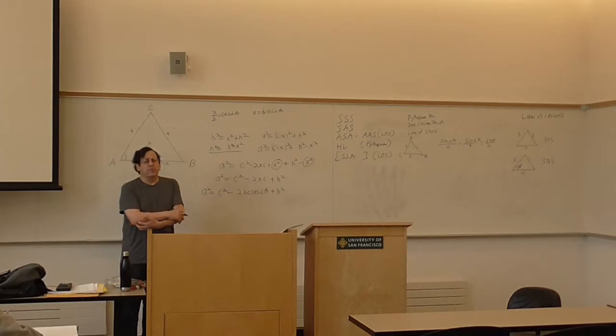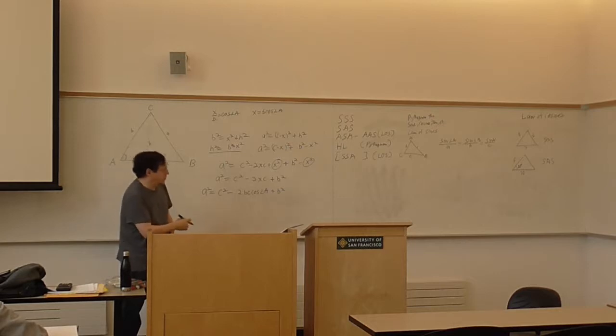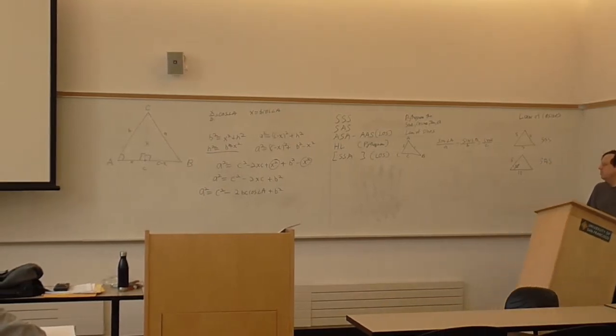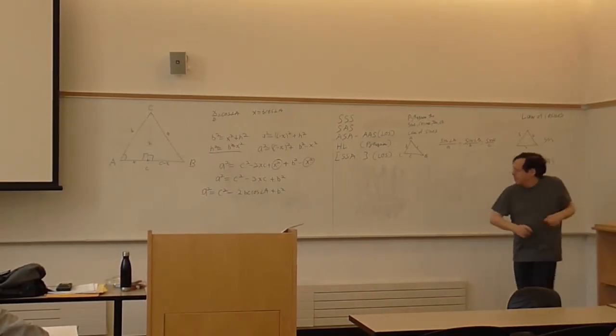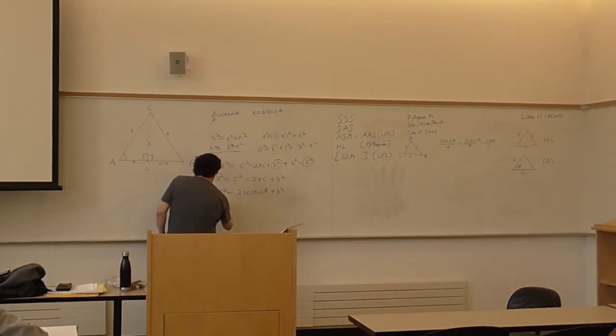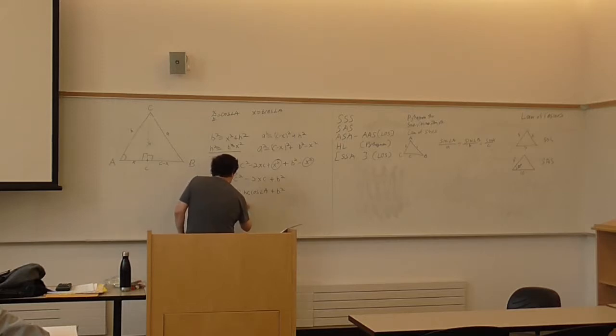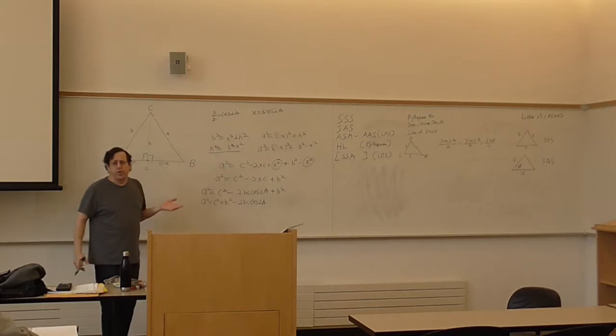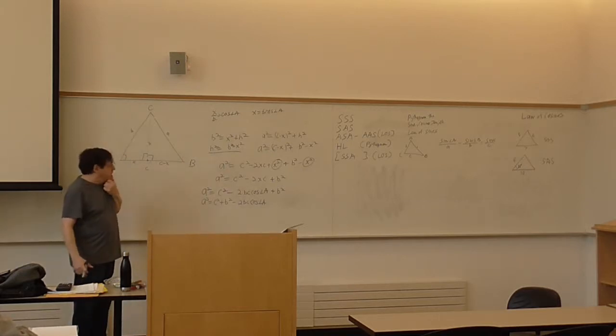Okay, now that's not the right form I want to leave you with, but that's our basic law of cosines. Let me just rearrange this a little here. a squared equals c squared plus b squared minus 2bc cosine angle A. And it's worth noting that the way I've labeled these, A, B, and C, is completely arbitrary.